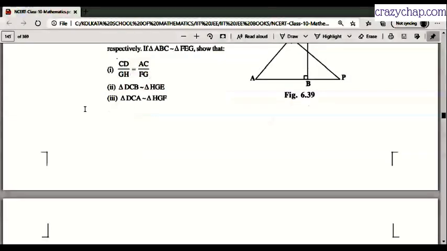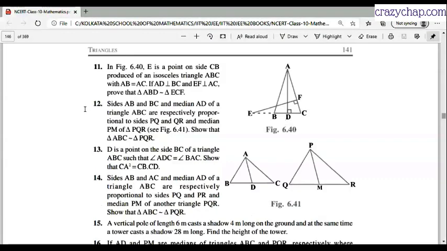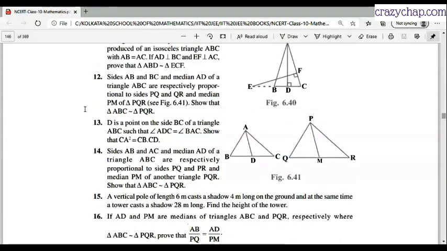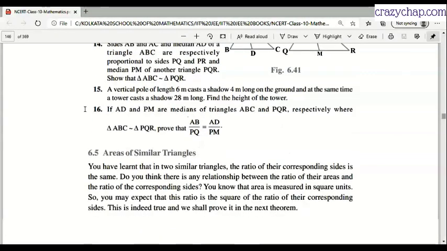Do you want to do these questions or do you want me to explain? Can you do number 15, please?